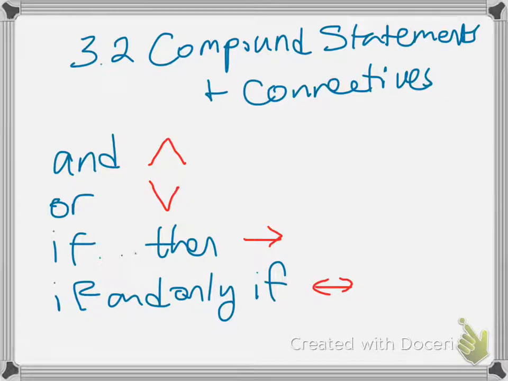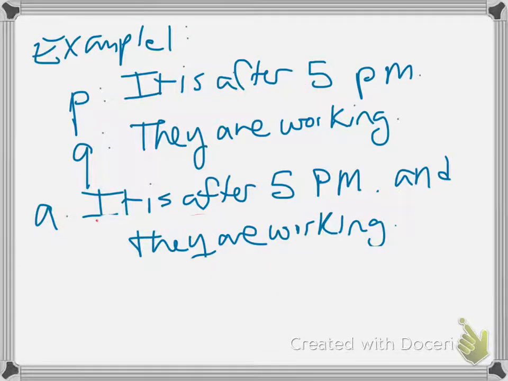All right, we're going to start out by translating from English into symbolic form. I apologize in advance that my handwriting is kind of terrible because I'm writing on my iPad. So for example 1, we're going to let P be the statement, it is after 5 p.m., and Q be the statement, they are working. We want to put into symbolic form, it is after 5 p.m. and they are working.